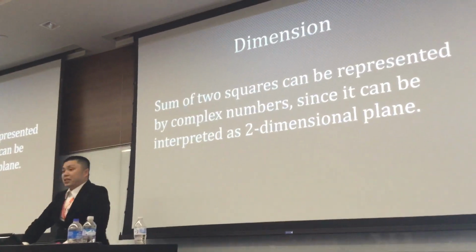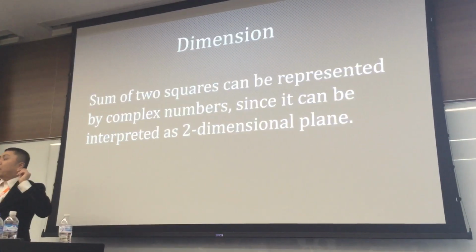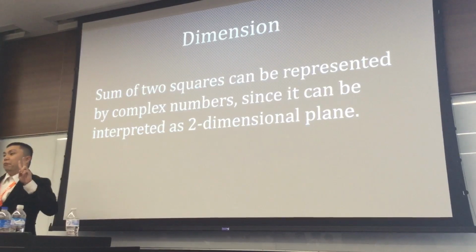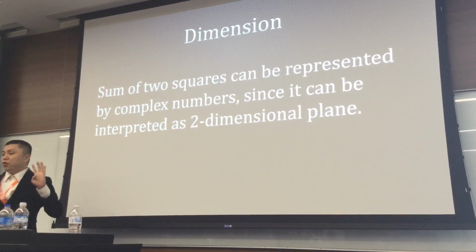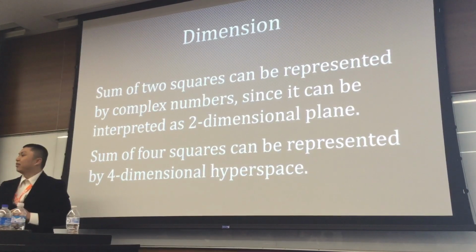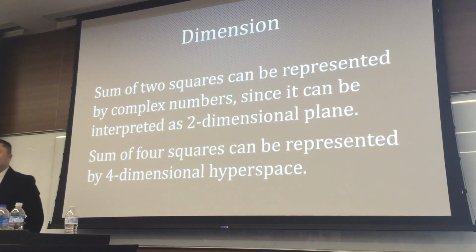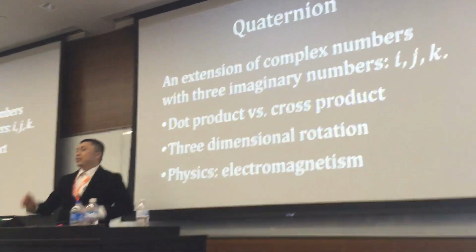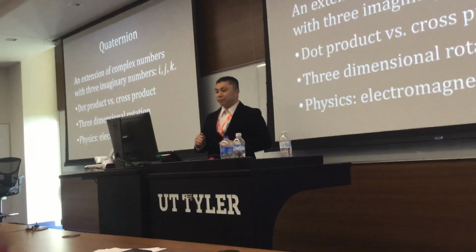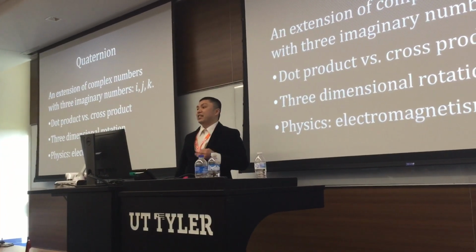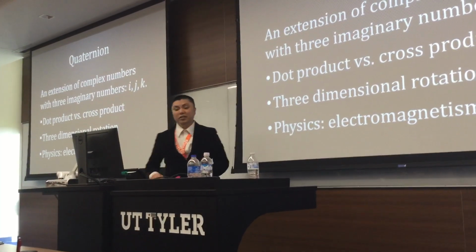Okay, so this is 2 dimensions. I have used complex numbers because it was a sum of 2 squares. The original problem was a sum of 4 squares, so I'll be needing 4 dimensions. Obvious? No, not so obvious. Okay, so I'll be introducing quaternions. We will have 3 imaginary numbers, i, j, k. This is an extension of complex numbers.